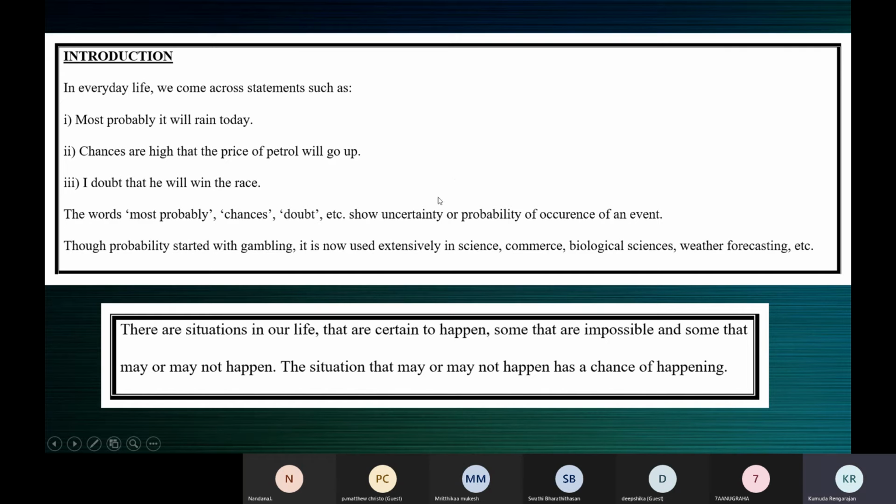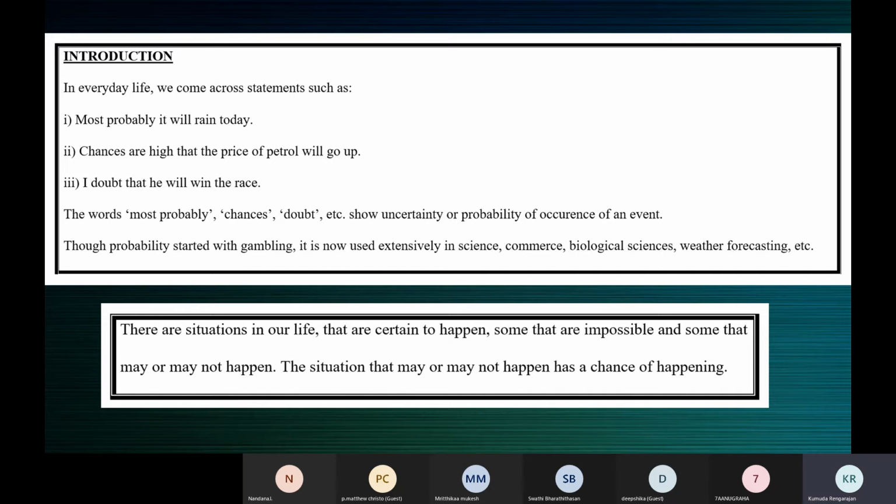Now that's what we're going to learn in this chapter. The measure of uncertainty, the numerical measure of uncertainty, is called probability. Probability is a huge subject.